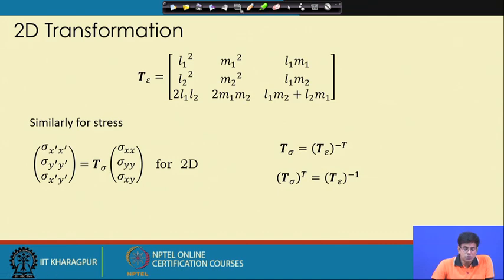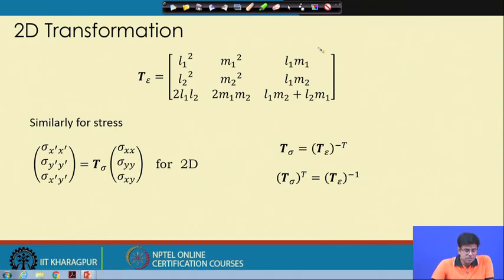Similarly, the stress transformation also we can go with a similar procedure, and if there is a rotation about an axis, it can be proved that T sigma is essentially T epsilon inverse transpose, and T sigma transpose, if you take the transpose, is T epsilon inverse. This can be proved in a very easy way also.